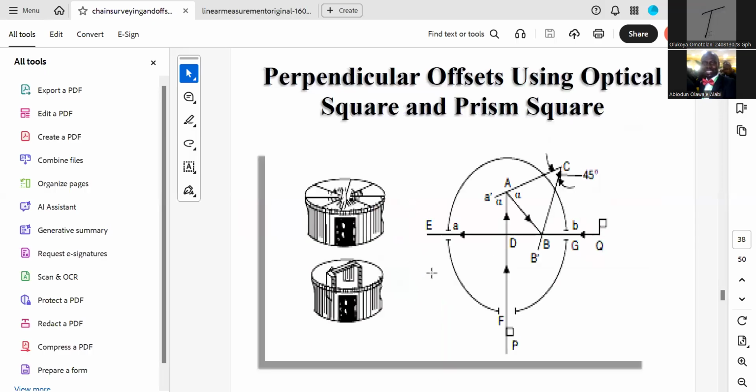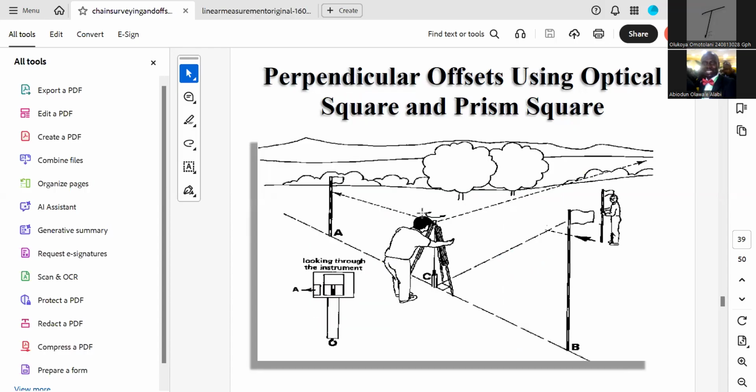This is the instrument. So, perpendicular distance using optical square and prism square. So this is the illustration on that. Look at it now. This is a typical scenario when a surveyor is on the field carrying out chain surveying.